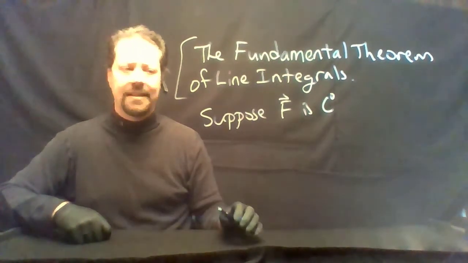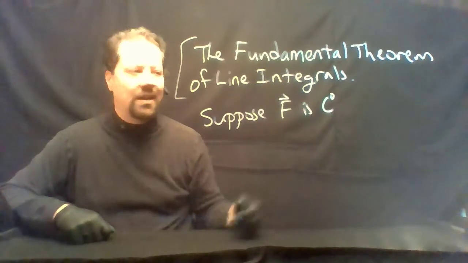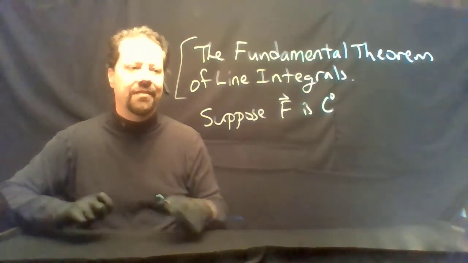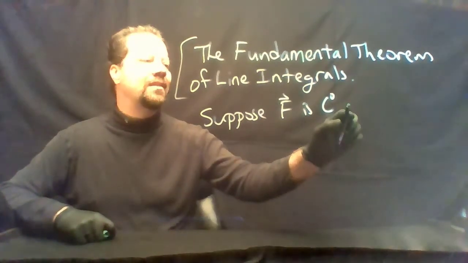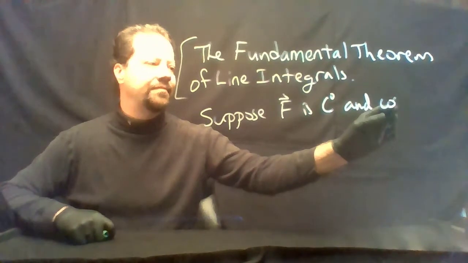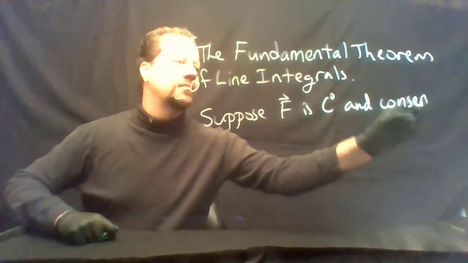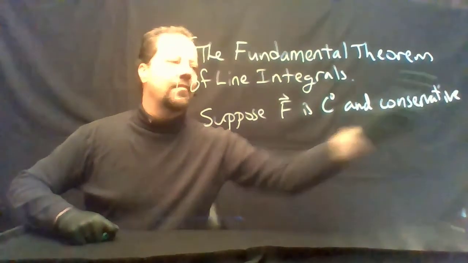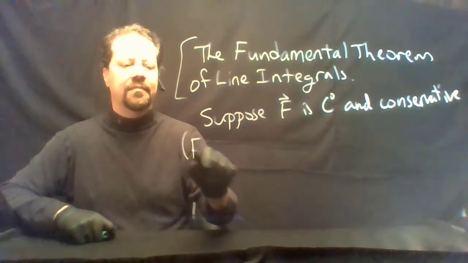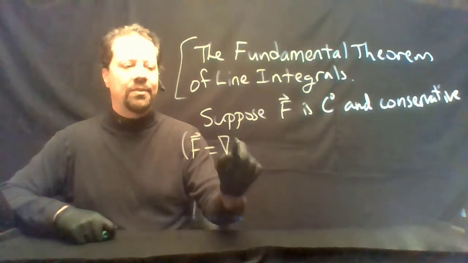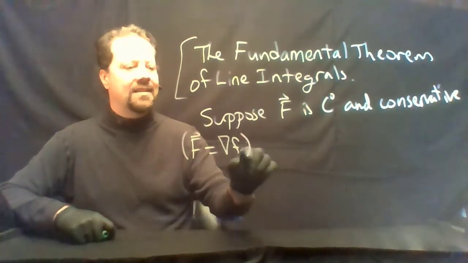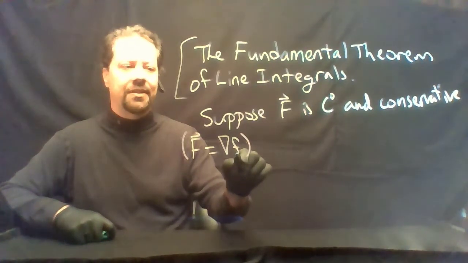C0 functions are continuous functions. And we want continuity to be in some open set that contains the curve that we're integrating on. And conservative. Do you remember what it means for a vector field to be conservative? It's equal to the gradient of some scalar potential. Let's let little f be the potential function.